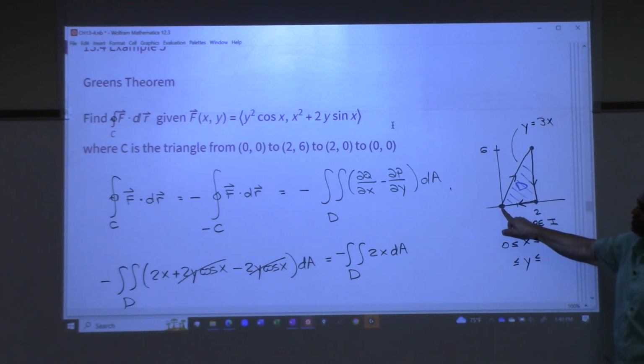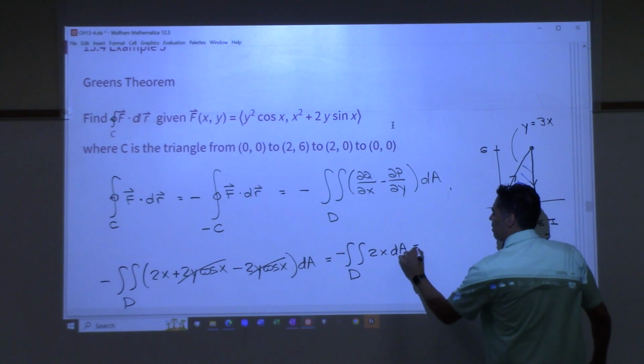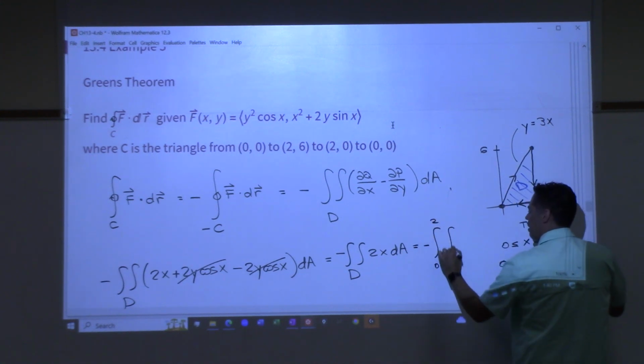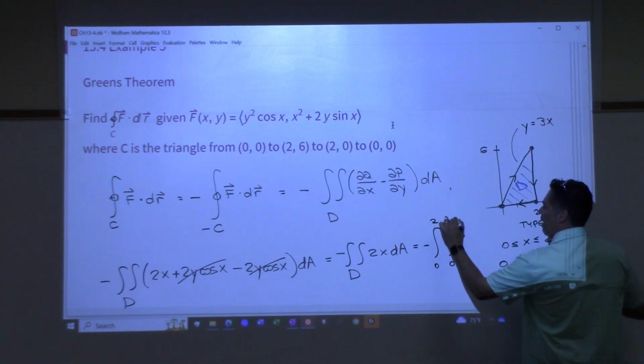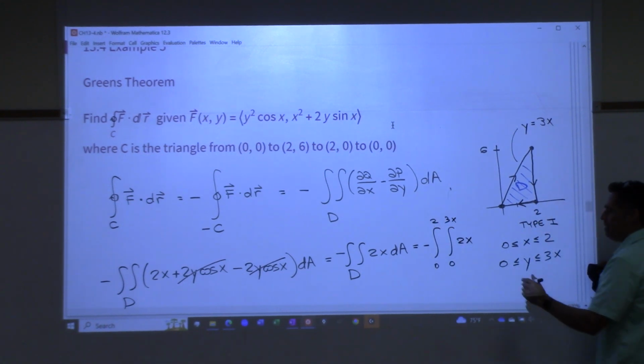And then the y-intercept is at 0, so the equation of that line is 3x. So it goes from 0 to 3x. There it is. So this now becomes negative integral 0 to 2, integral 0 to 3x, 2x, dy dx.